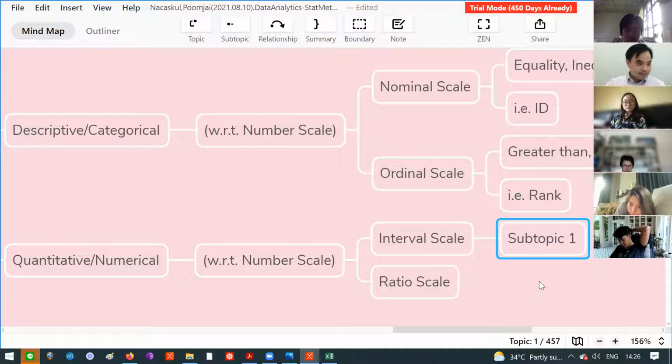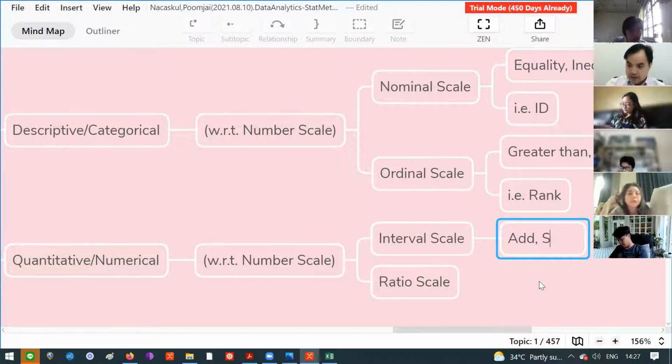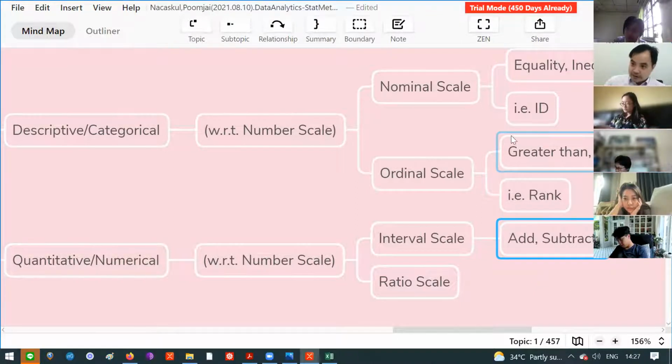Can you do that? Yes. So you can subtract. You can also add, right? It's right now 65 degrees. Turn on the heater, it becomes 68. 65 plus 3. So you can do both.